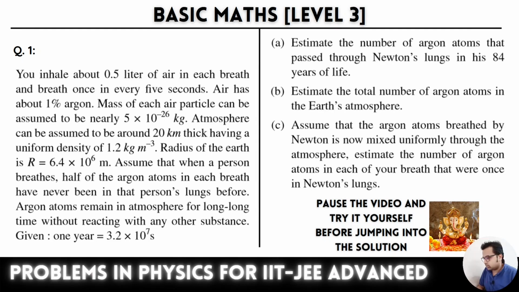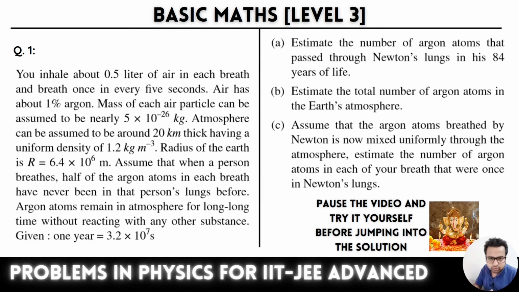Okay, so they're trying to tell that whenever we breathe, you can observe that some particles are the particles which we breathed earlier, because those particles are in our vicinity. So we can assume that for every breath, 50% of argon, means half of the argon atoms, are new.